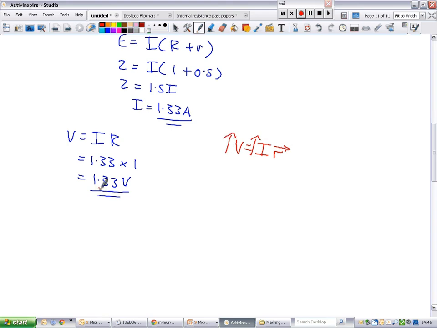So that's why your terminal potential difference is less than it was before. It was 1.6, it's now 1.33, so there are more lost volts. There are around 0.7 volts lost volts, because this current has gone up, internal resistance has remained the same, so therefore the amount of lost volts goes up, because it always must add up to that EMF, which was 2 volts in this case.